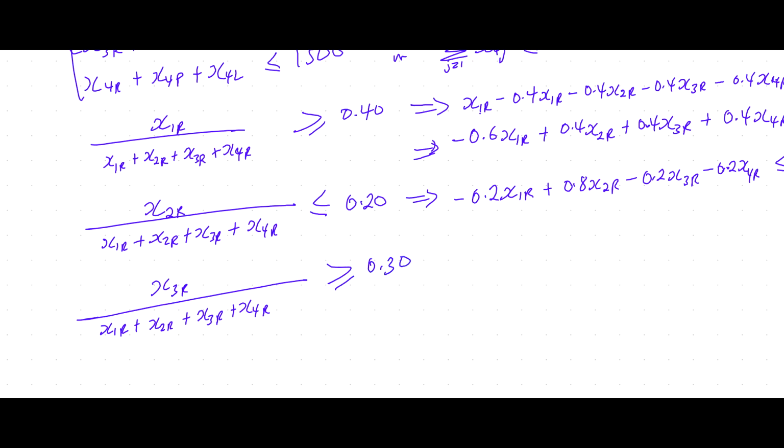So if we expand this and produce it in the general form of the linear programming, we obtain 0.3 x1r plus 0.3 x2r minus 0.7 x3r plus 0.3 x4r, and is less than or equal to 0.